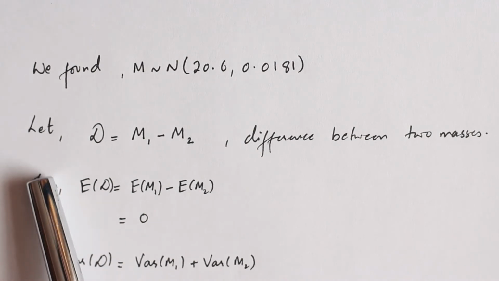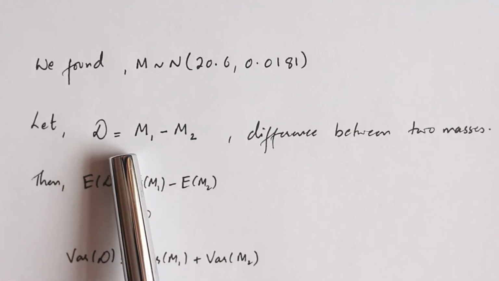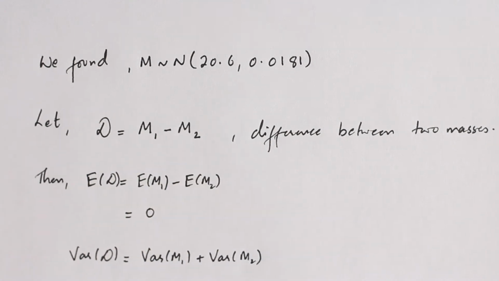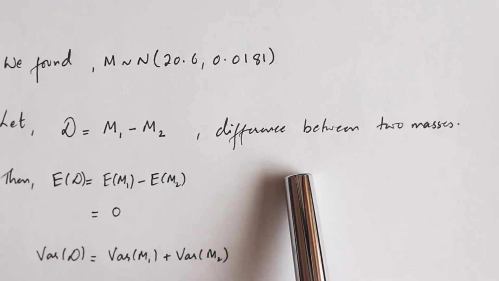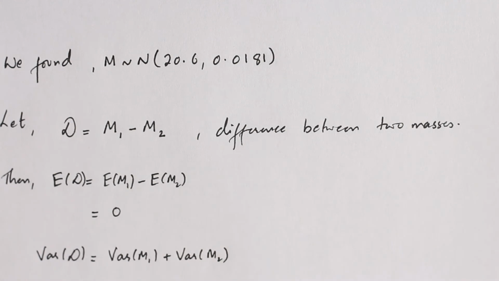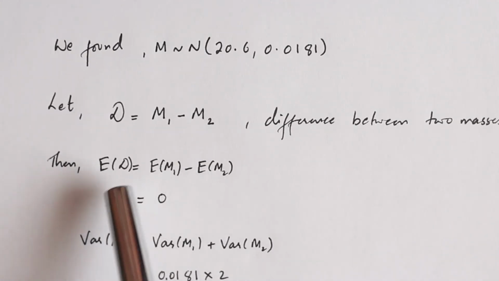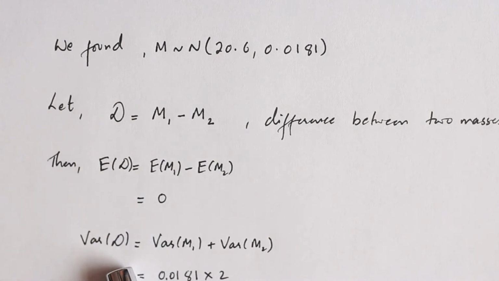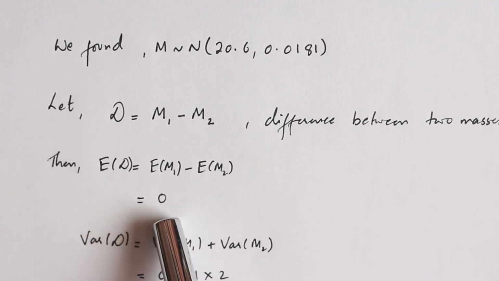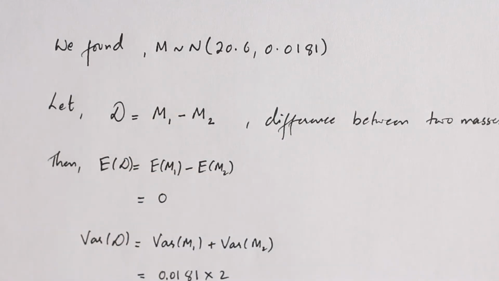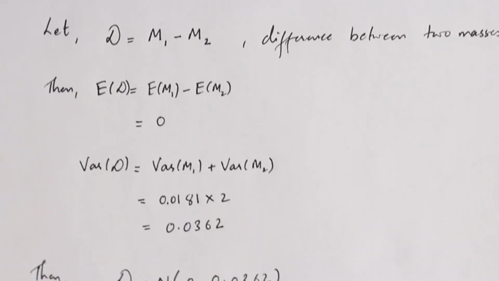Now we are introducing a new variable here, D, which is the difference between two masses, M1 minus M2. So then we do the same thing again. We find the expectation of D and we find the variance of D. Expectation of D is simply 0, because expectation of M1 is the same as the expectation of M2, and the difference is 0.